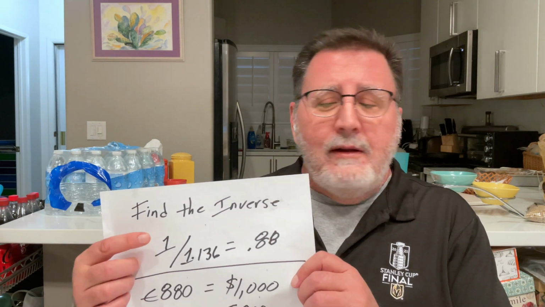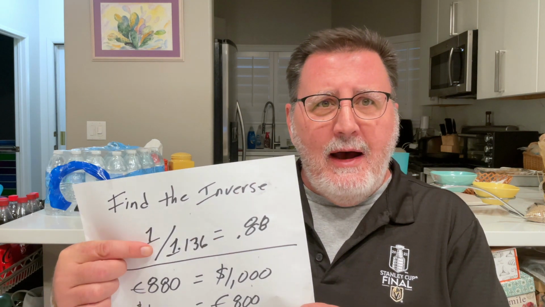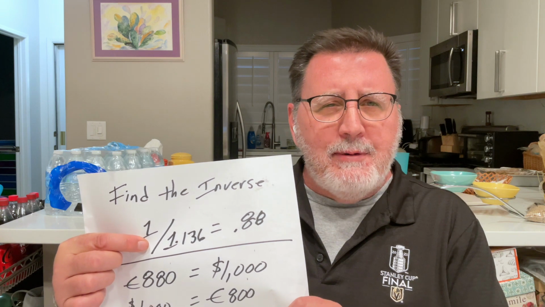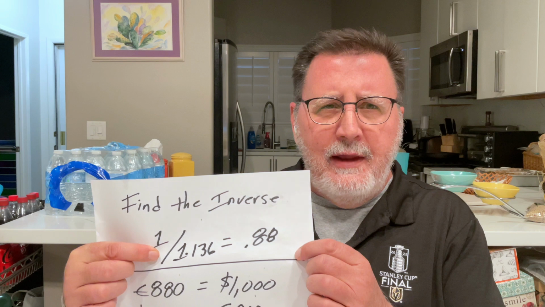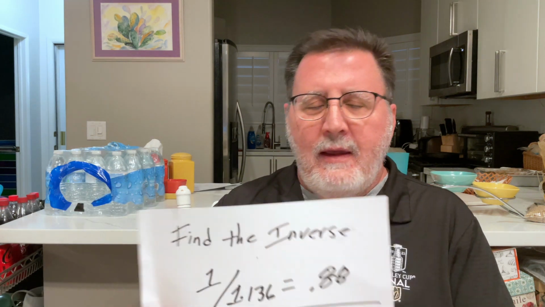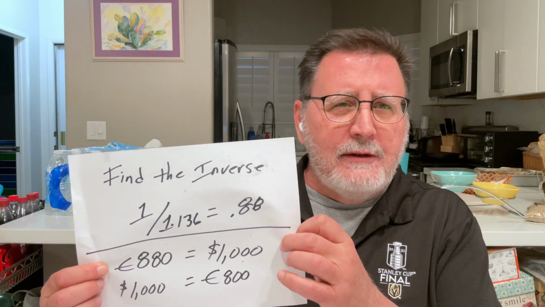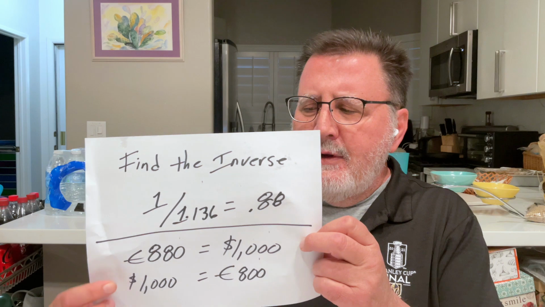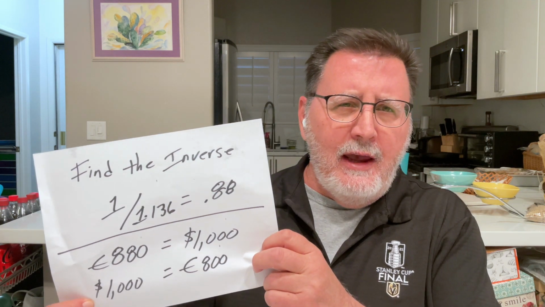You take the €1, divide it by what you paid per euro, 1.136. And there's your 0.88. 880 euros equals 1,000 US dollars. 1,000 US dollars equal 880 euros.